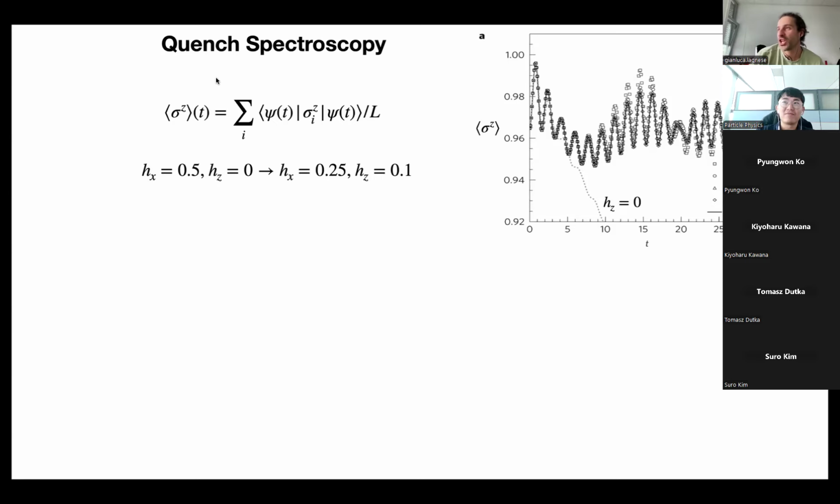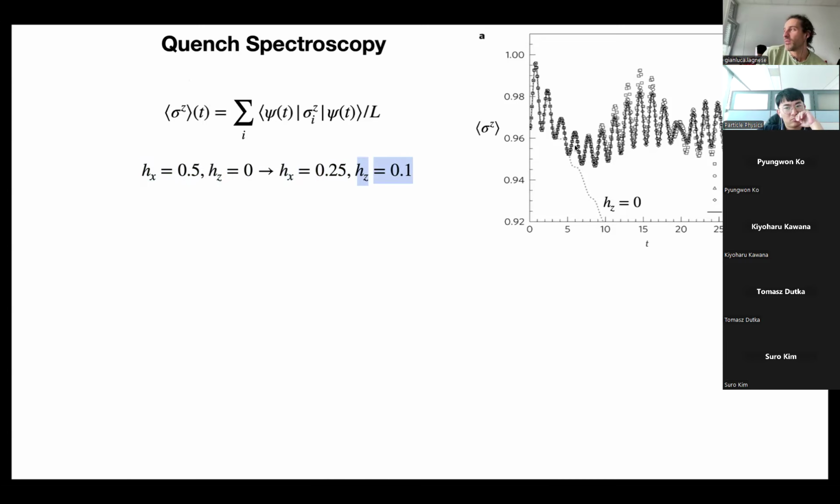So essentially, you do this quench protocol that I showed you before. The quench protocol is this one, okay? So you start, as you see, with the transverse field kept in the region where the phase is ordered, but we turn on the longitudinal field, which is this one. And by turning on the longitudinal field, we see that the local magnetization starts behaving in a different way.